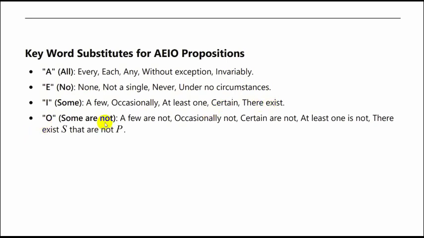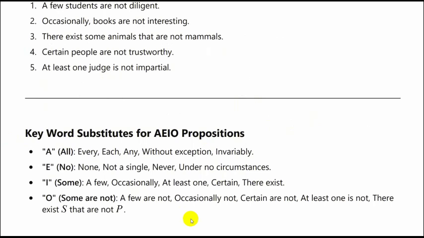In O proposition: some are not, a few are not, occasionally not, certain are not, at least one is not, there exists S that are not P, and so on. I hope this video also helped you. Kindly wait for the next question series.